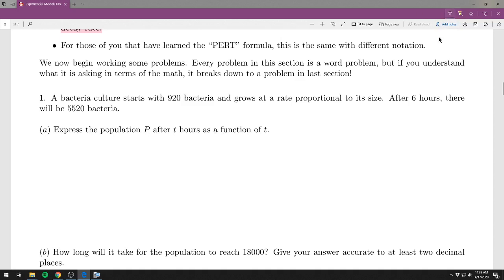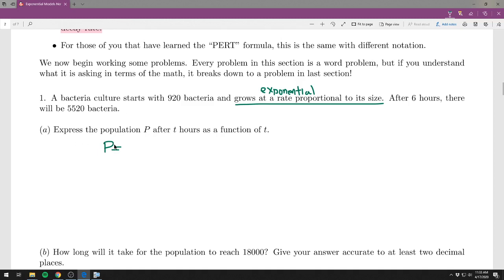Now, in a lot of ways it doesn't seem like you're told enough information, but this grows at a rate proportional to its size. That is giving you exponential growth. It's telling you it's growing as a percentage of its size. So we're going to use the exponential model. In place of y, I'm going to use P here for our equation.